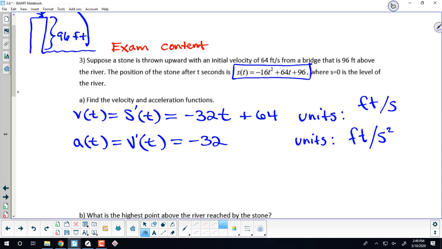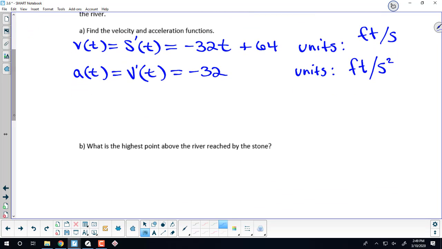So if we need the velocity at a certain instant, you always have to find the time at which that particular event happens, and then plug that back into whatever function you're trying to answer about. So, like, what's the highest point above the river reached by the stone? We have to find what time it takes for the stone to reach its maximum height, and then we figure out its maximum height.